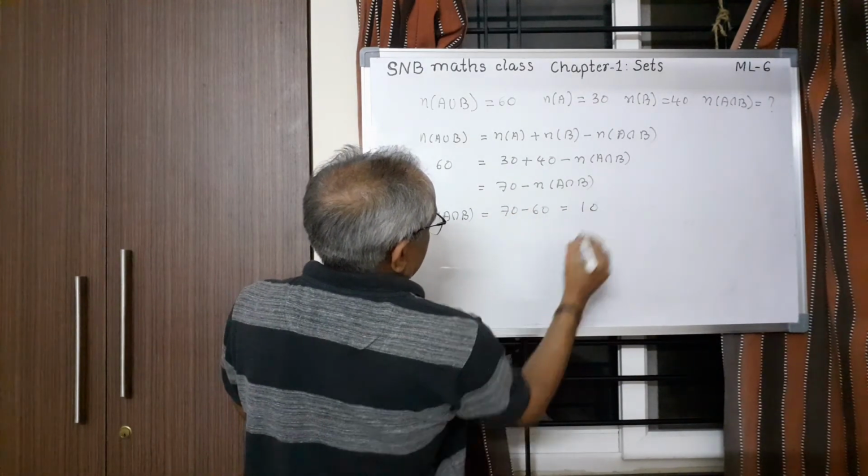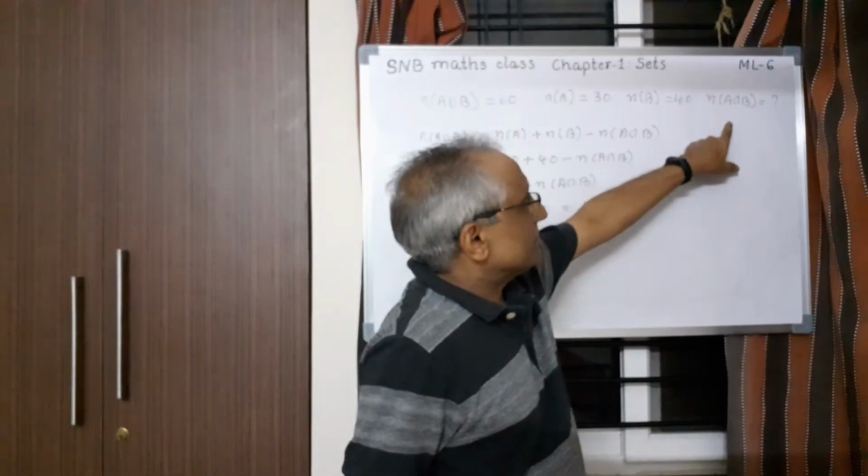This is 10. So the intersection contains 10 elements.